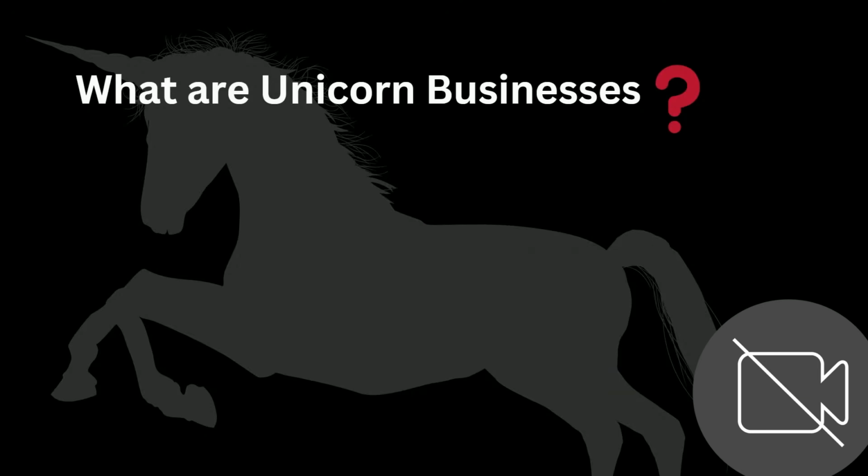So in summary, unicorn companies are different from other companies in terms of, again, the same terms that we have discussed: valuation, innovation, growth, disruptive nature, and risk. They offer unique products or services that challenge traditional industries and have the potential to change the way we live and work. So this is it about our unicorn businesses.